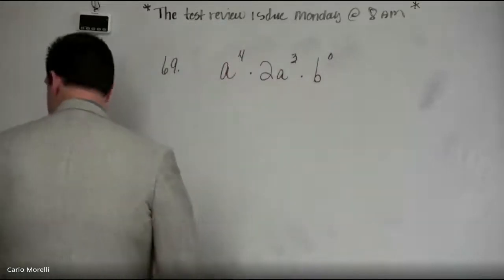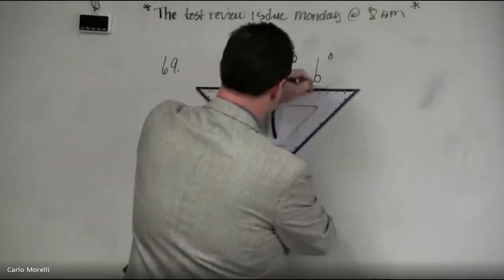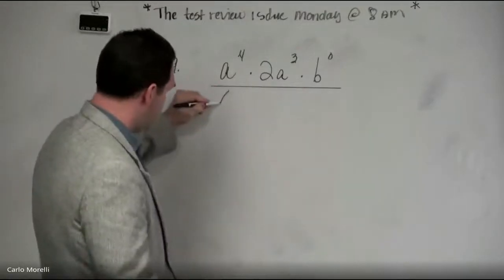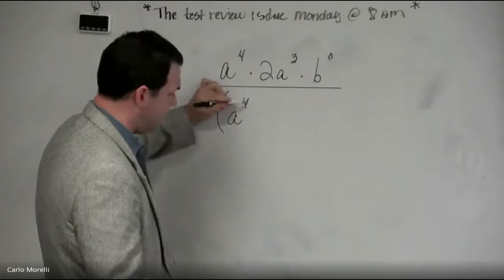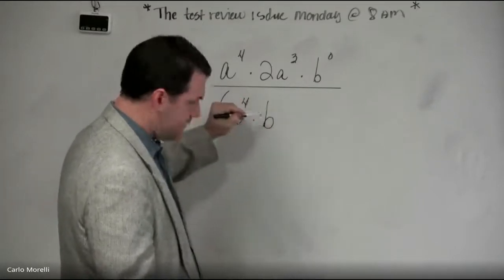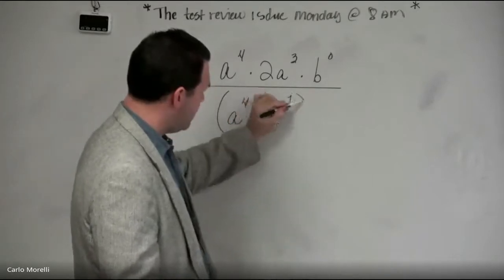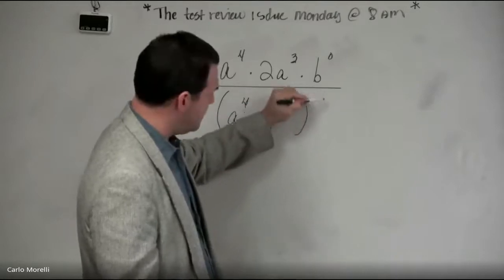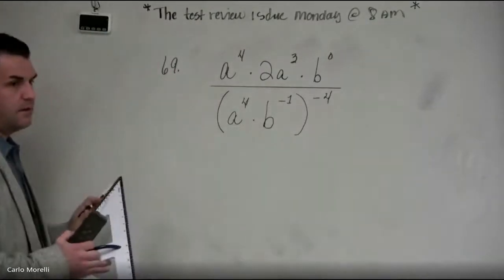And then all of that is over big open parentheses here, a to the 4th power times b to the -1st power, close parentheses, and this whole parenthetical expression is raised to the -4th power. So it looks like quite a big task.